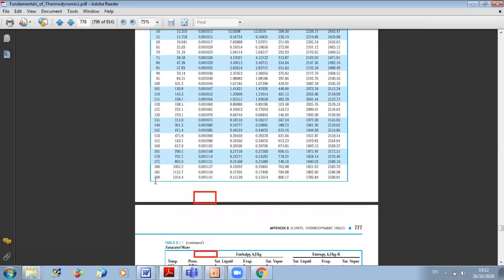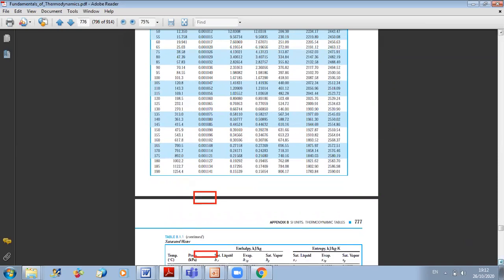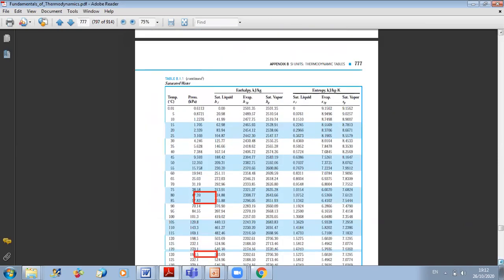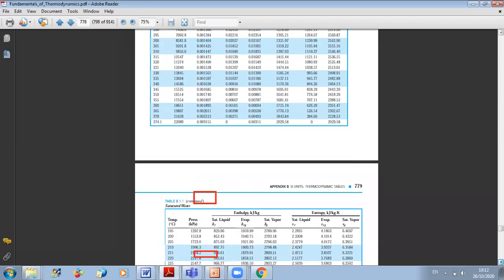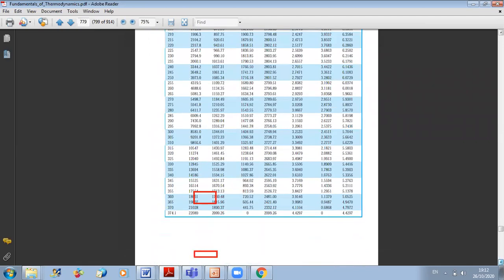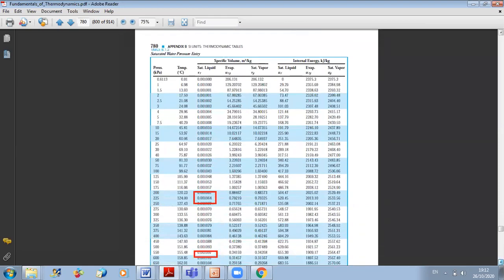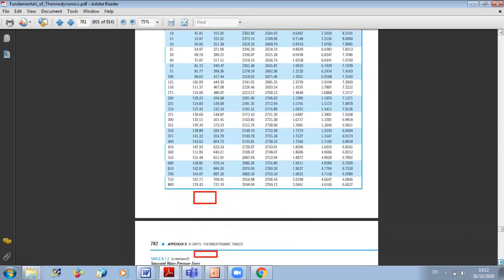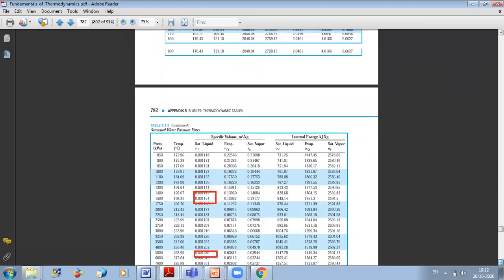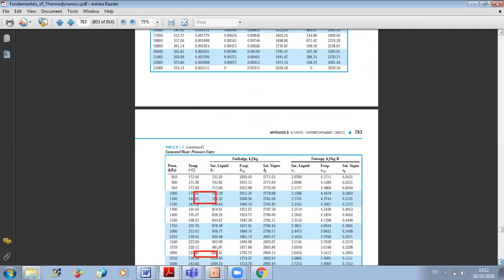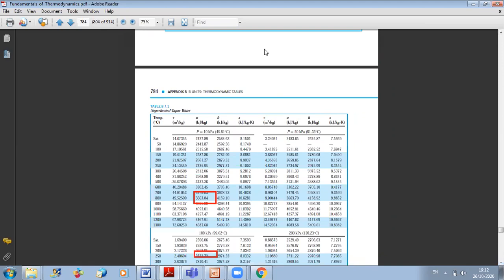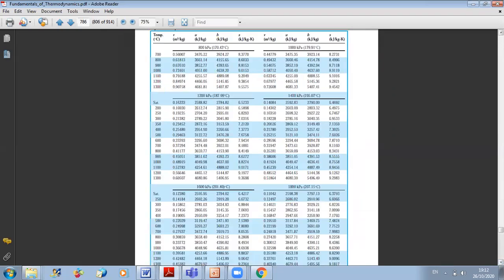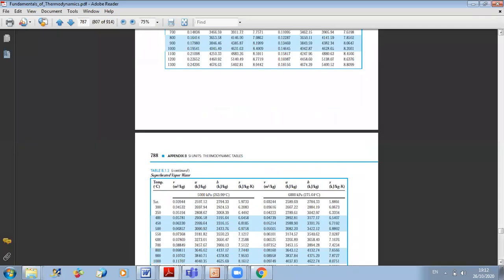Some tables are with temperature entry and others are for pressure entry. So we are still in saturated water. I go down. Now I have pressure entry. After this, I'm still in the saturated tables. Now I have the superheated tables, and below I should have the compressed liquid tables.